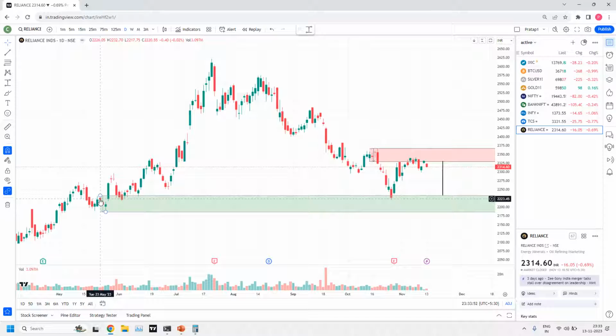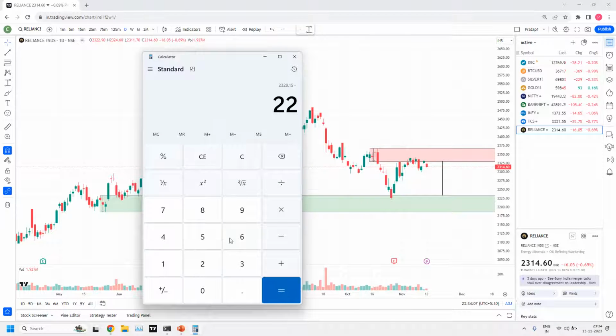Keep your mouse on the first candle, that is the high of the demand zone. What is the high value? 2232.70. Let me check again. 2232.70. So the low of the supply zone is 2329.15 and the high of this demand zone is 2232.70. We subtract both values.